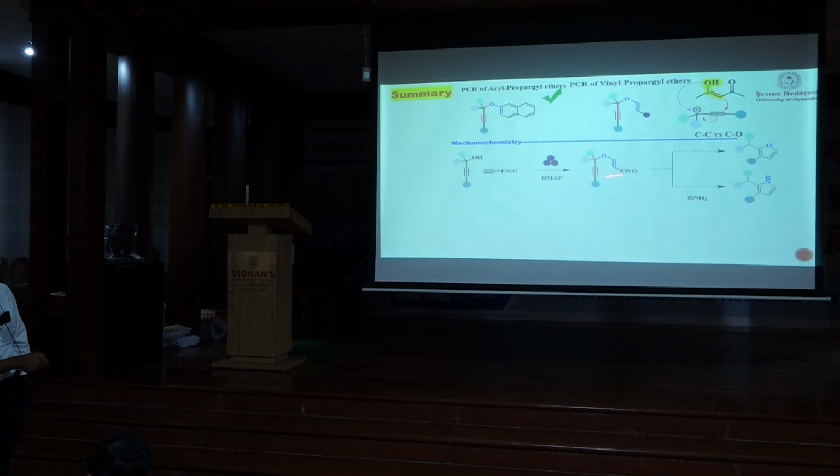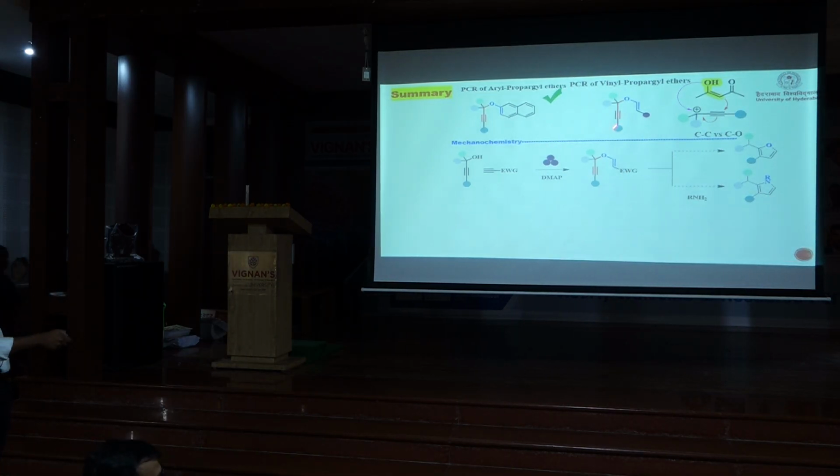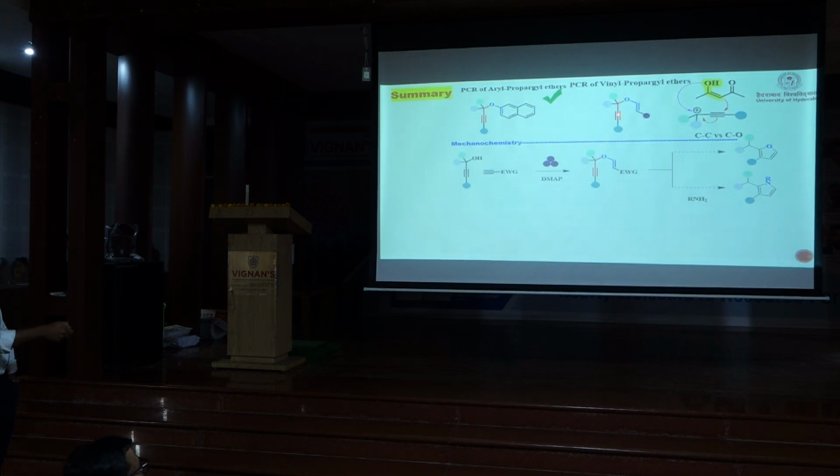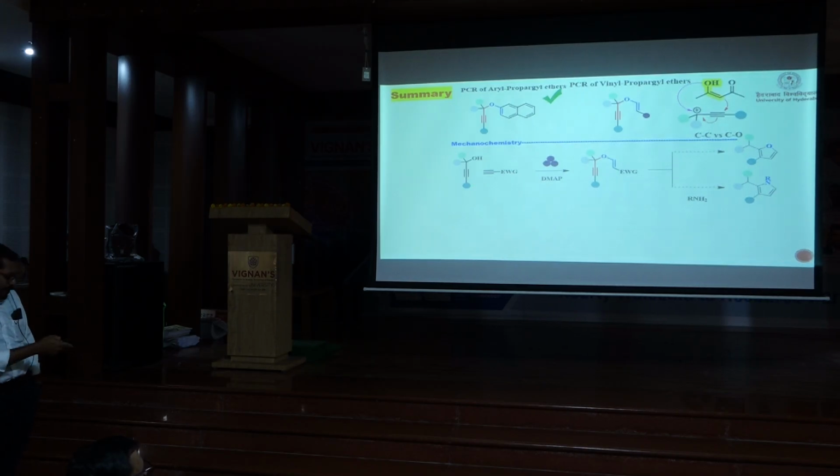So we have some preliminary results, and I am sure that at some point I will show you that using mechanochemistry we could solve this issue, where we could not solve this vinyl propargyl ether propargyl-Claisen rearrangement. So in mechanochemistry we have some results, and at some point we should be able to disclose that.